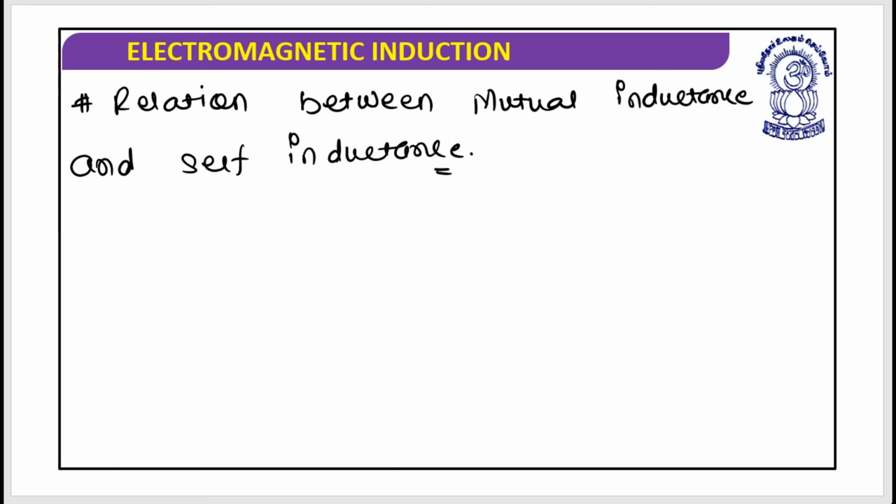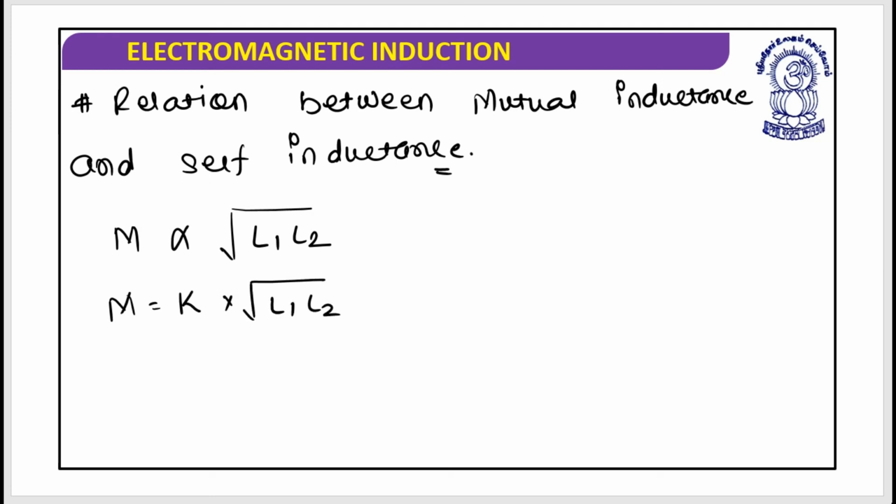When I want to find out the relation between mutual inductance and self inductance, I am sure you have derived this in your theory classes. It is M, which is directly proportional to the root of L1 L2. If I replace this proportionality with a constant K, that is K equals root of L1 L2, so I could say K is equal to M divided by root of L1 L2.